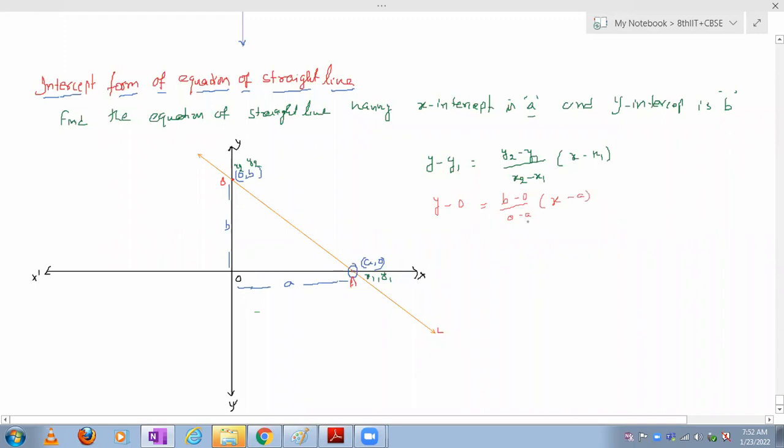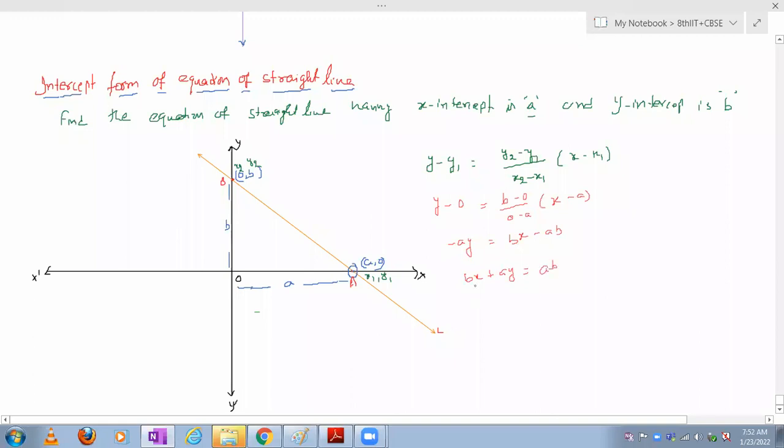Minus a is there, bring this side, this minus a one, y it becomes. This b is there, so bx minus ab. Now we'll transfer this side: bx plus ay is equal to minus ab, bring this side, this becomes ab.